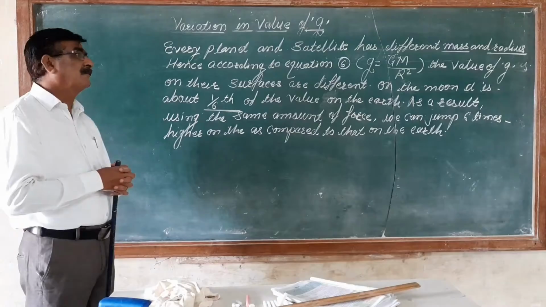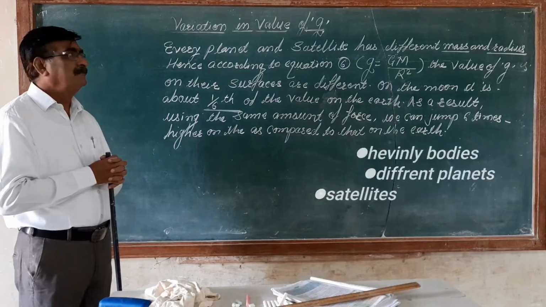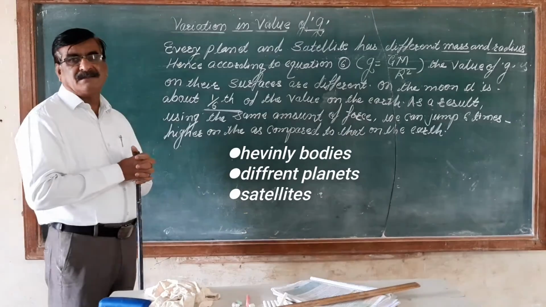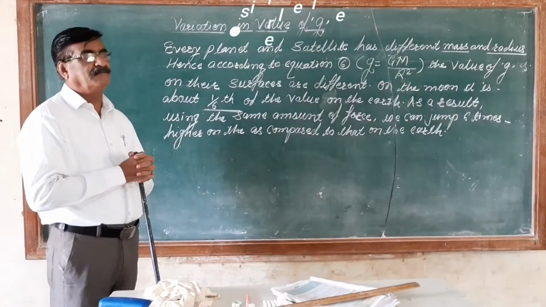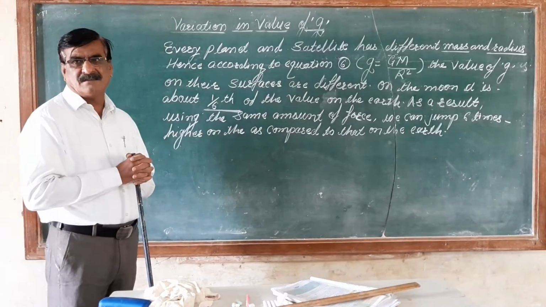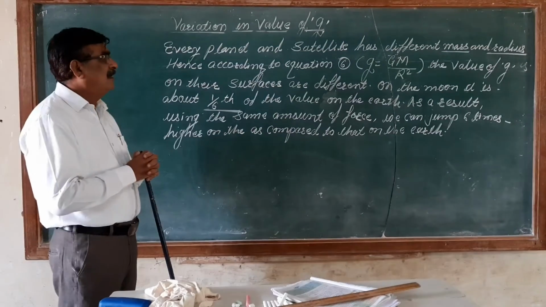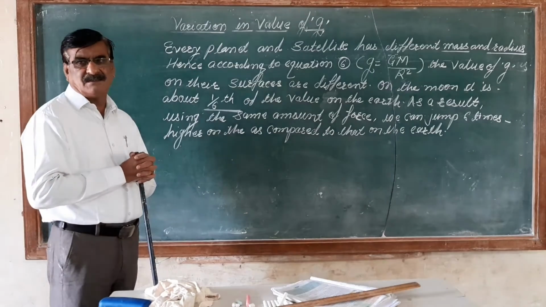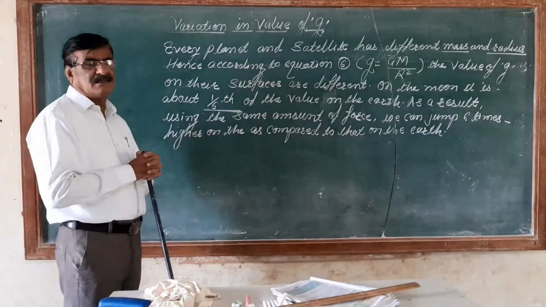You know, there are many heavenly bodies as well as different planets and satellites in our solar system. All these bodies, planets, satellites, are not equal in mass. Their masses are so different.